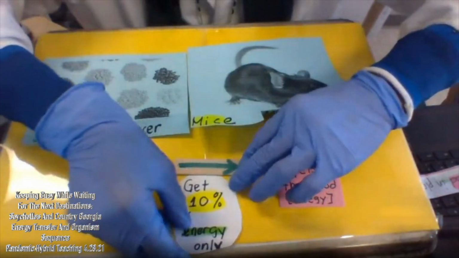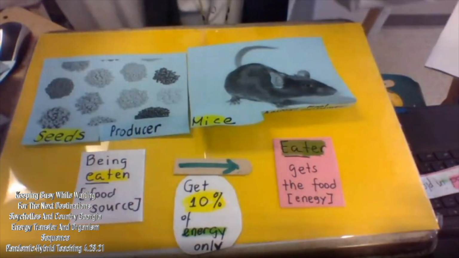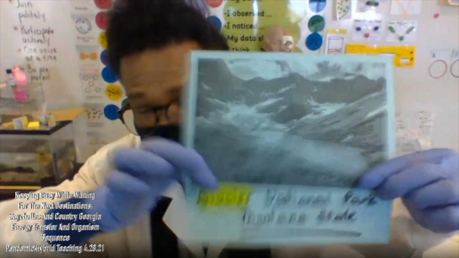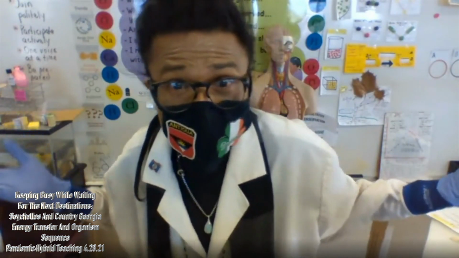Yes. For every transfer, they get 10%, because the plants themselves need energy to grow and develop. So this rodent or mice in Glacier National Park will be a good food for other aggressive animals, right? What do you think?